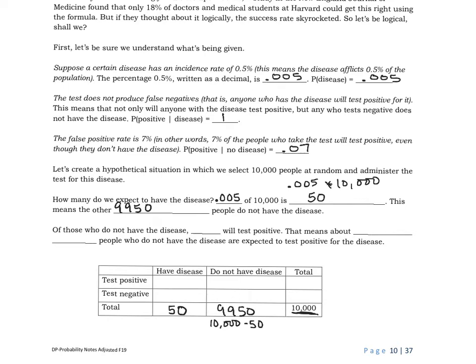Of those who do not have the disease, we said 7% will test positive. So that means about how many people who do not have the disease will be expected to test positive for the disease? 7% will test positive.